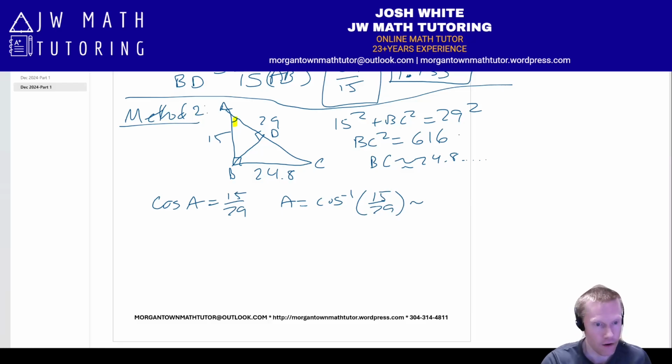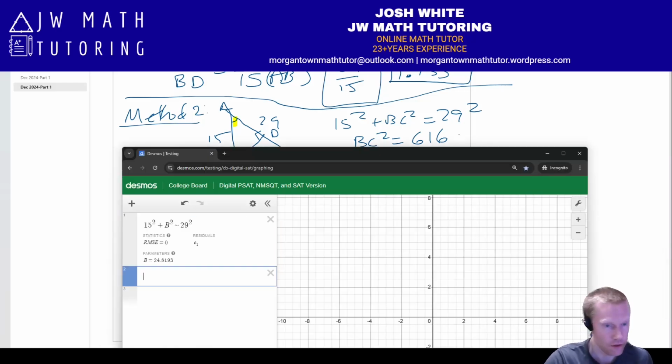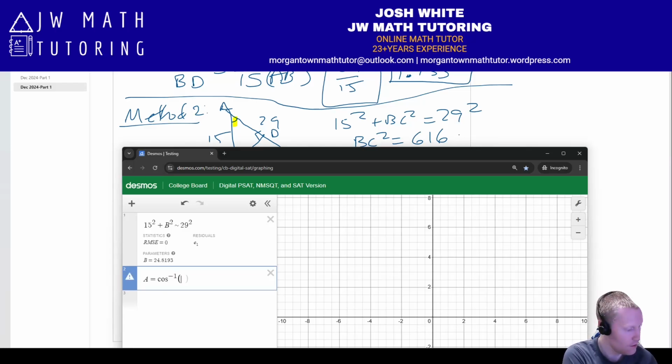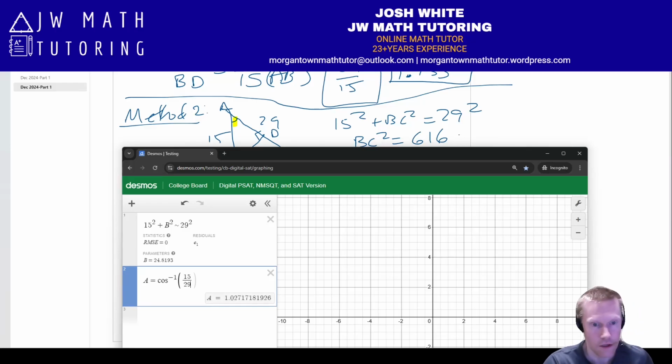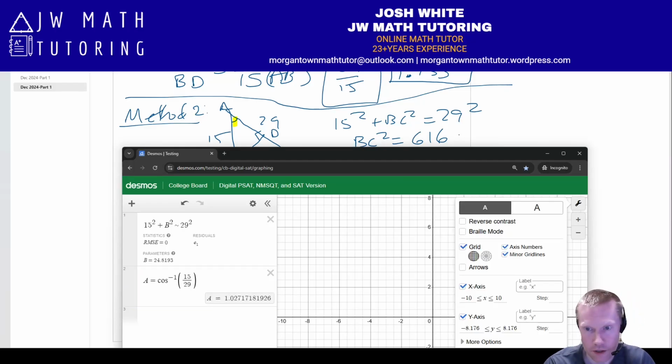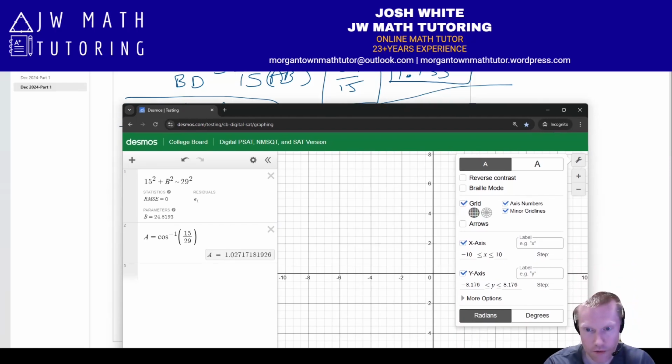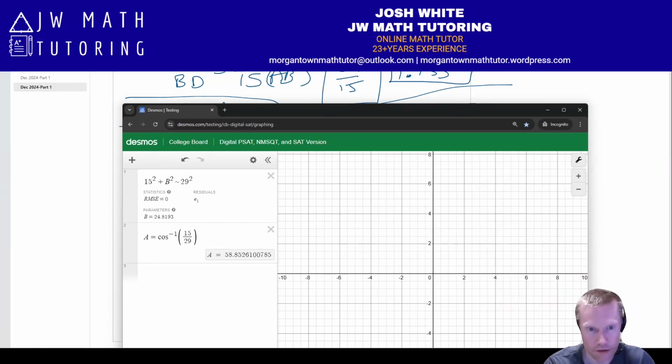Okay, so now I just go to Desmos. I'm going to define that as A. Now, this does not look like degrees, so I will just need to make sure that I'm in degree mode. Click the wrench up here, click on degrees. Okay, so now I have my measure for angle A.